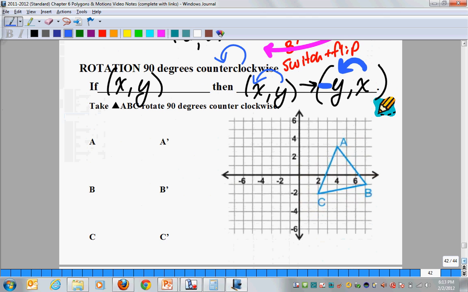Let's see how this works. Once again, our coordinates are here. We have 4 and 3. You should almost have these memorized by now.